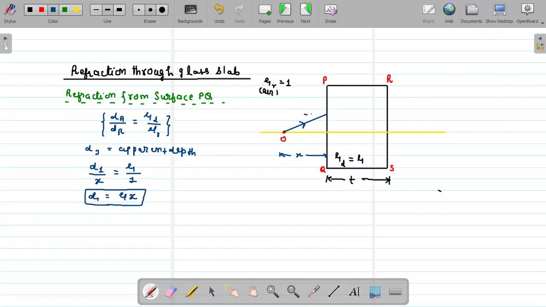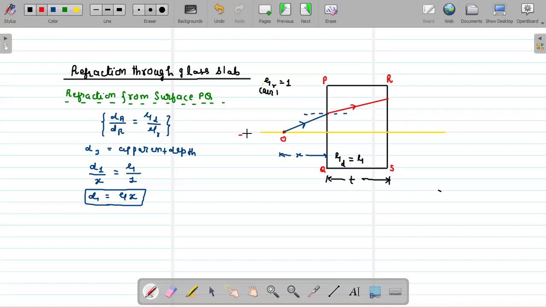Let's draw the ray diagram also. Outside is a rarer medium and this is a denser medium. When the light ray goes from the rarer medium to the denser medium, it bends towards the normal, like this. So for the surface PQ, this red line is the refracted ray.